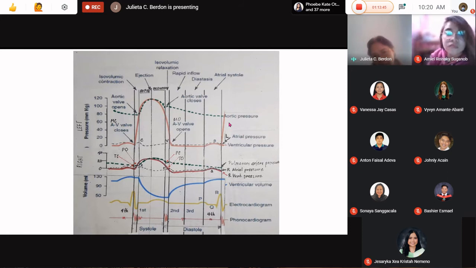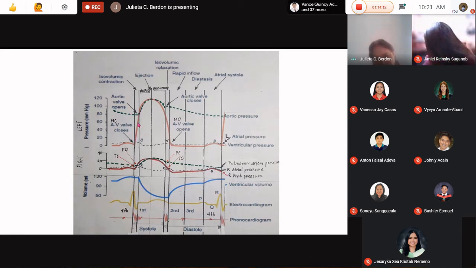And it is now at about 80 millimeters mercury, okay? So here, the diastolic pressure of the aorta, which is 80 millimeters mercury, has to be overcome by your ventricular pressure. Your ventricular pressure has to overcome that.